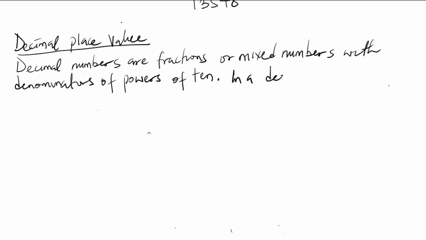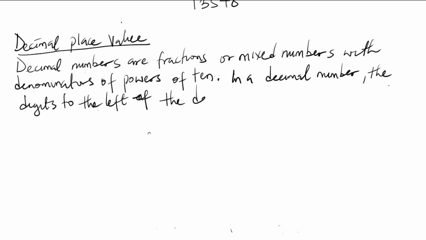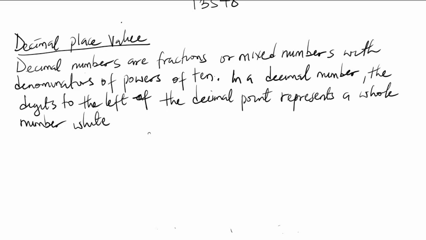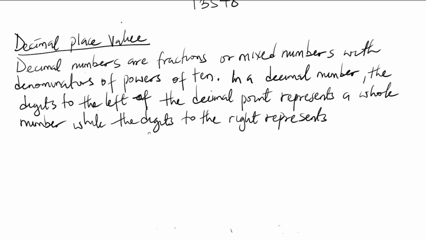In a decimal number, the digits to the left of the decimal point represent the whole number, while the digits to the right represent the decimal part.